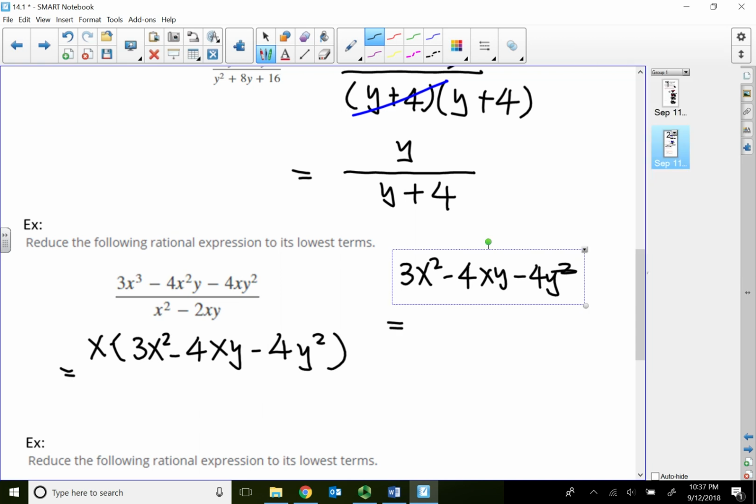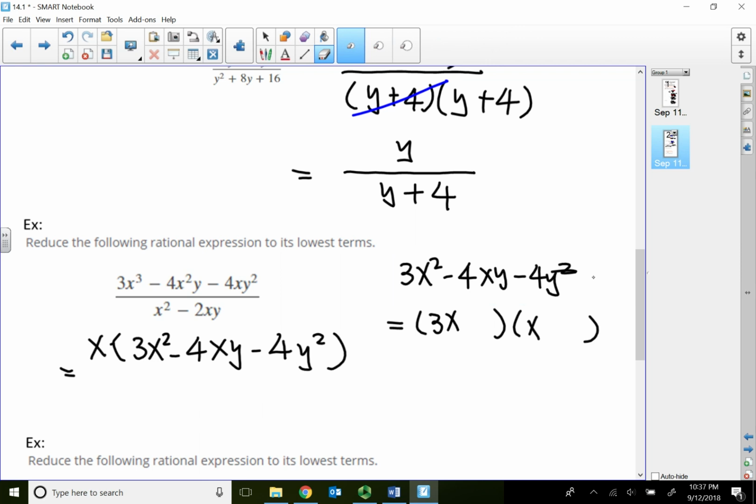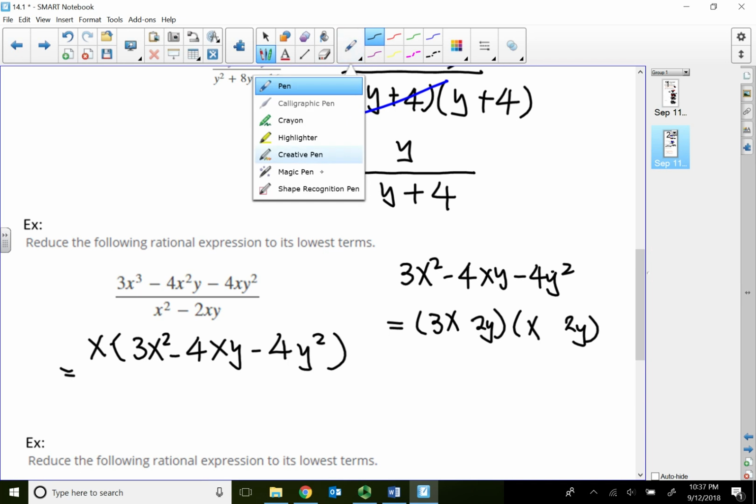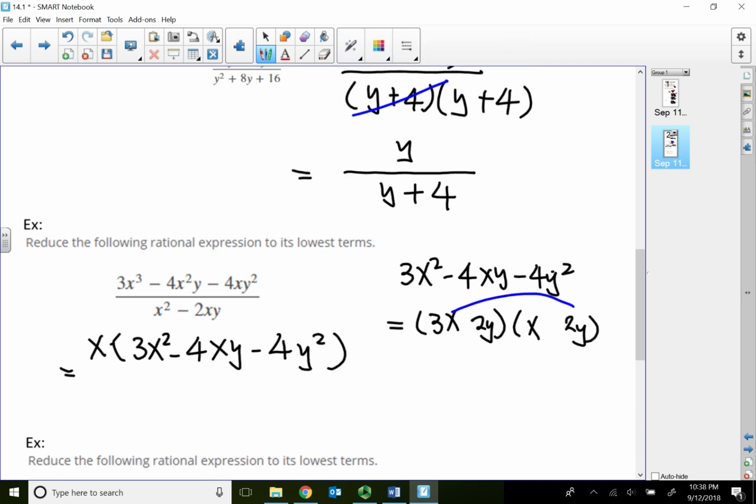Let's see, what should I get? For 3x squared, I can use a 3x and x. For 4y squared, let's see, 2 and 2 maybe. 2y and 2y. So now my outer is 6.